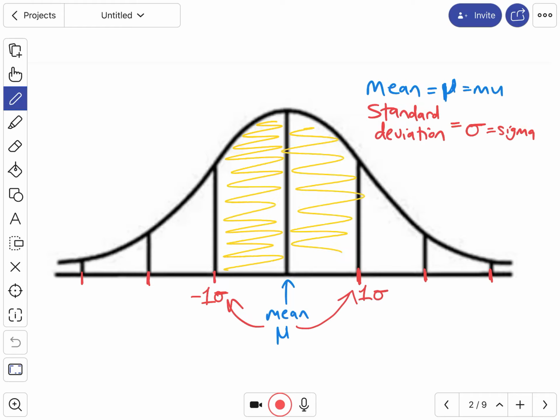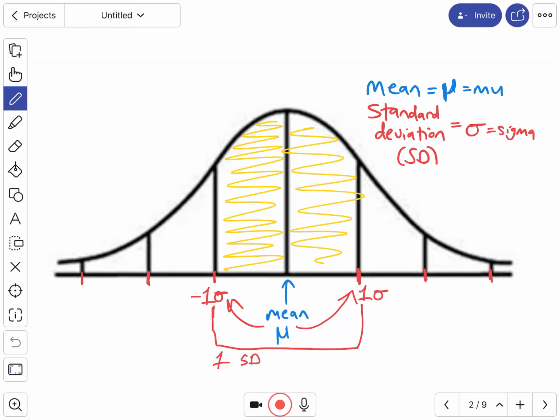But pretty much the main thing to know is that if you shade in everything between these two values here, if you go one standard deviation, and I could put SD as well, standard deviation is also SD or the sigma.